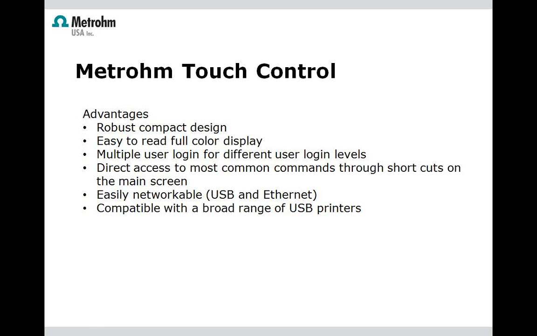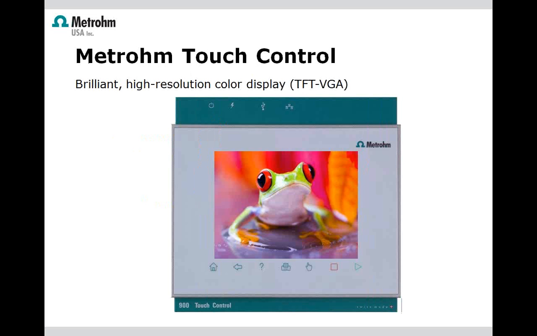It's easy for you to integrate the system into your Ethernet network, or to use a USB memory stick to collect your data. It's compatible with a broad range of USB printers.